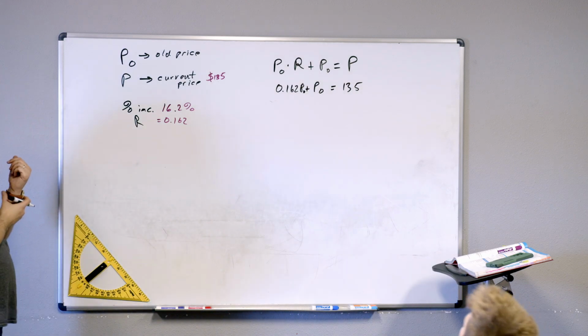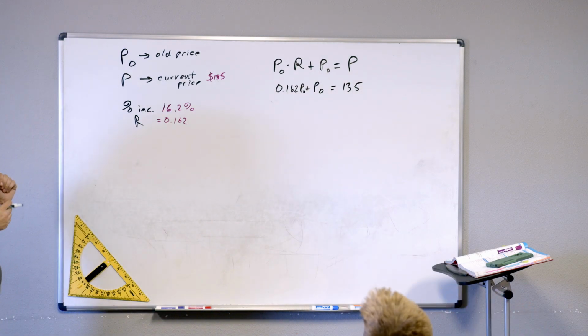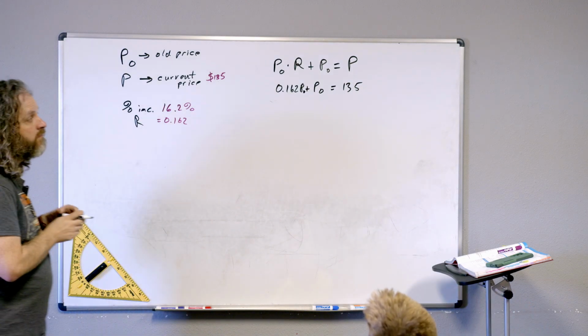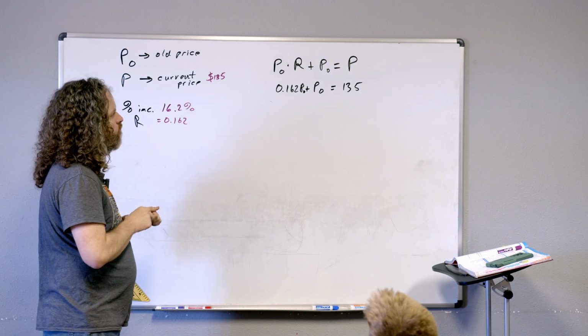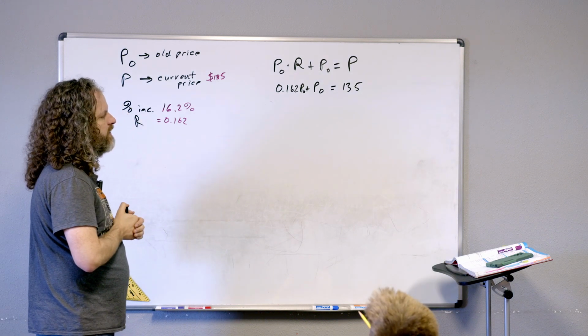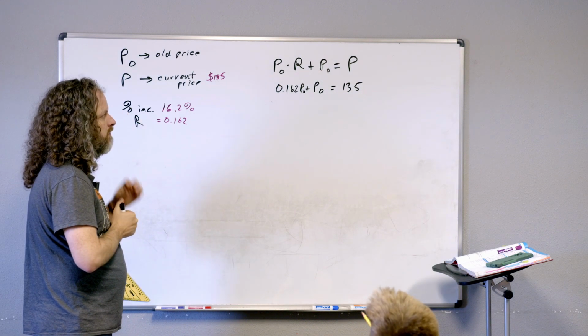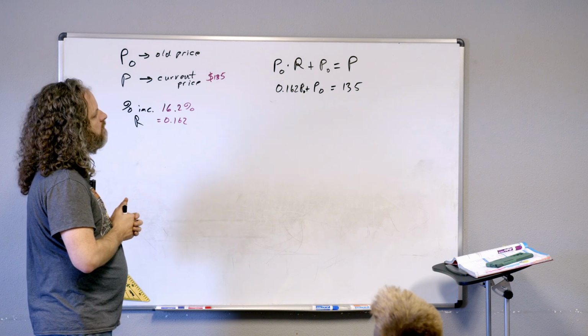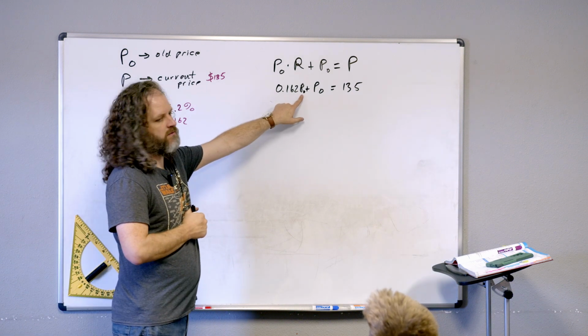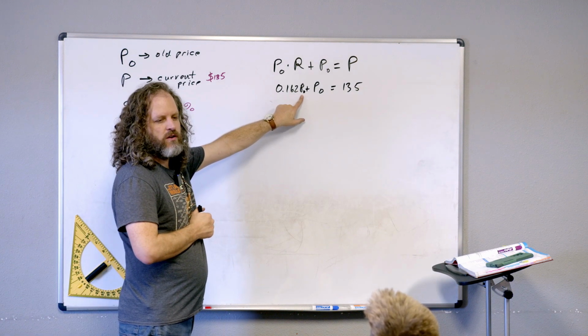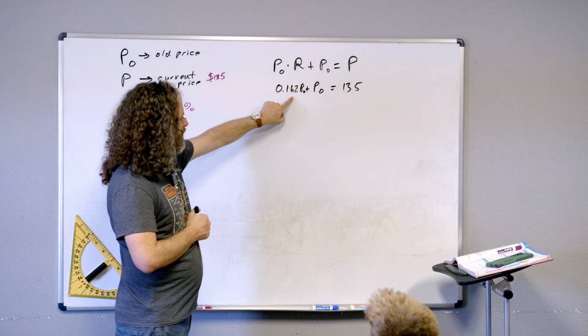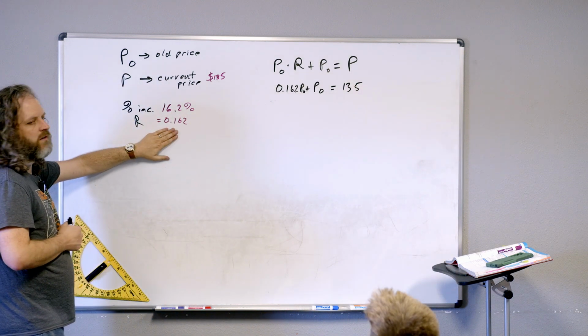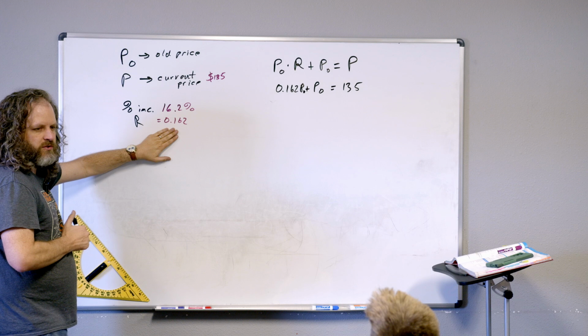Would there be another on the other side of it? P naught times 0.162. This is P naught right there. What happened to the R? This is the R. I substituted it in there.